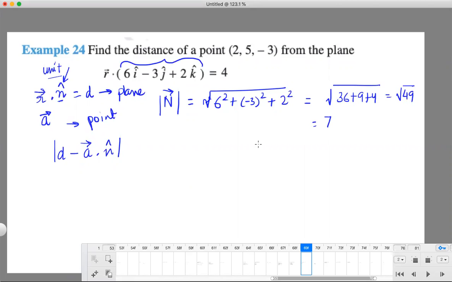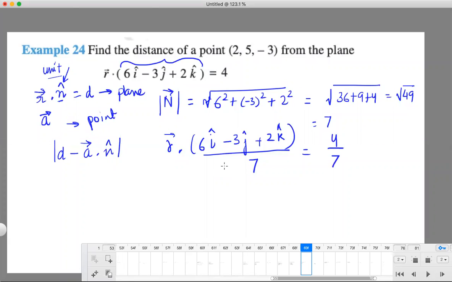We can only take the positive value. So we can now rewrite this equation as 6i minus 3j plus 2k, divided by 7 here also, and 4 by 7 here also.